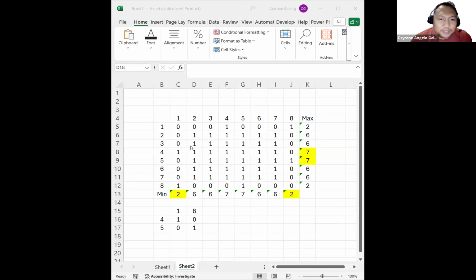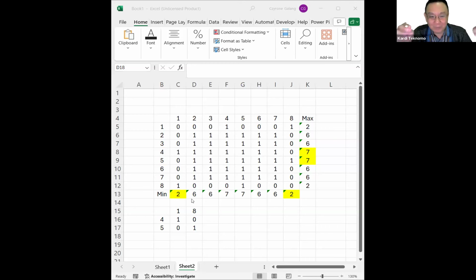I'm not sure if this is correct. Okay. Zero. So which one is dominated? I think, Prof, it's rows 4 and 5, and columns 1 and 8.